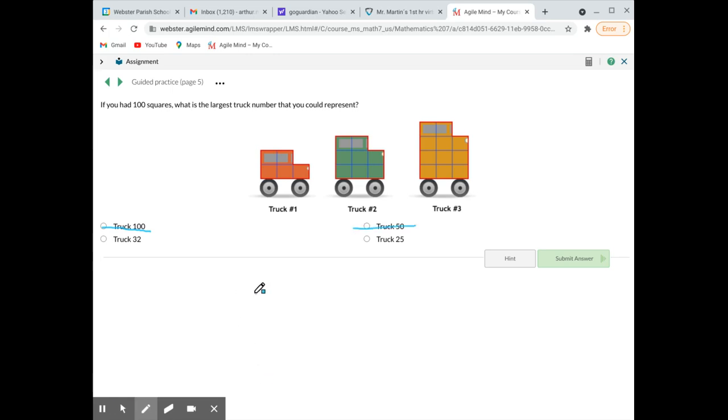Then the next one we could do is 3 times 25 plus 2. What would that equal? That would be 77. All right. So this one could work. Let's see if 32 would work.